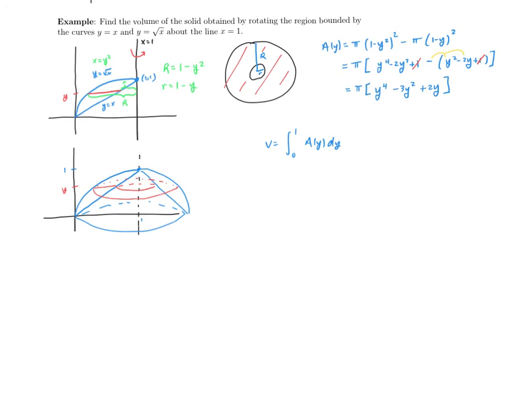So the volume of this solid is given by the definite integral from 0 to 1 of pi, which we will pull out front, times y to the 4th minus 3y squared plus 2y. And note, getting it to this point, what we would consider the set-up of the problem, is certainly where the most difficulty is involved. Once we have this definite integral set up, it becomes a matter of hopefully a familiar, more efficient problem, evaluating this definite integral.